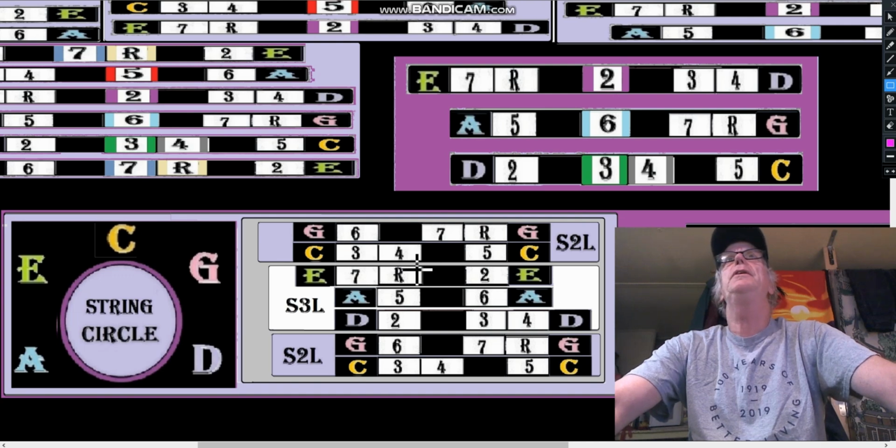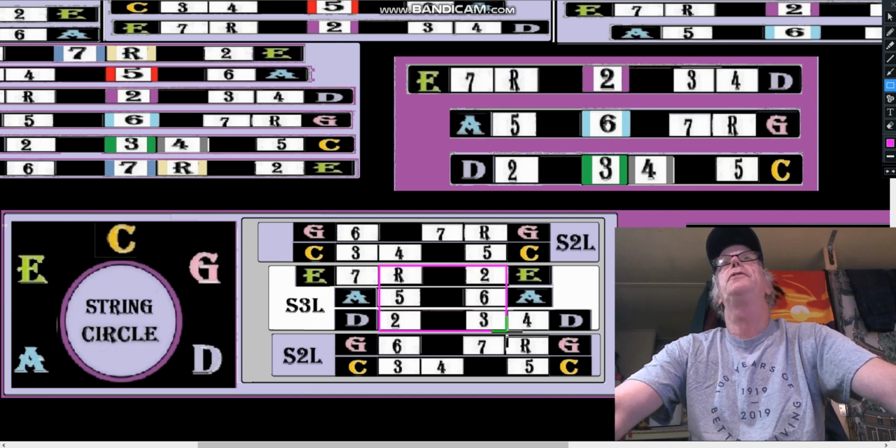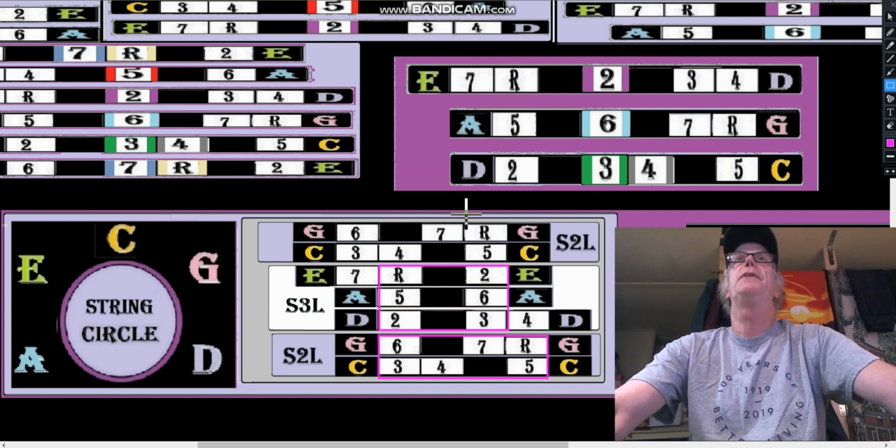Originally, S3L was S3S, stack of 3 short. That's where I got the S3S and the S2L from. So the L was long, and this was the short pattern. The long pattern was down here.